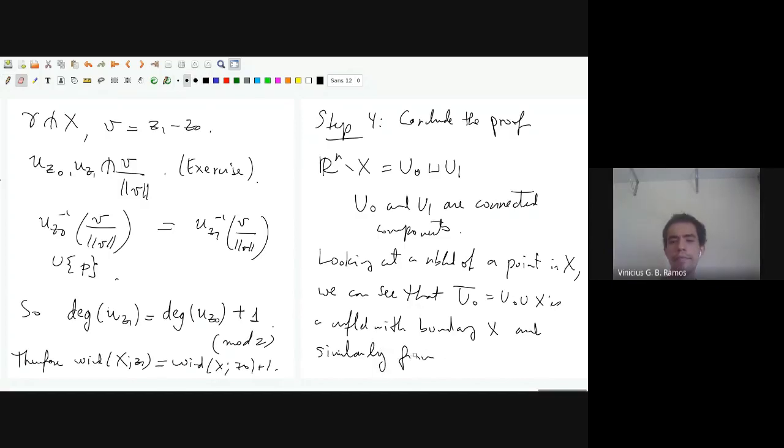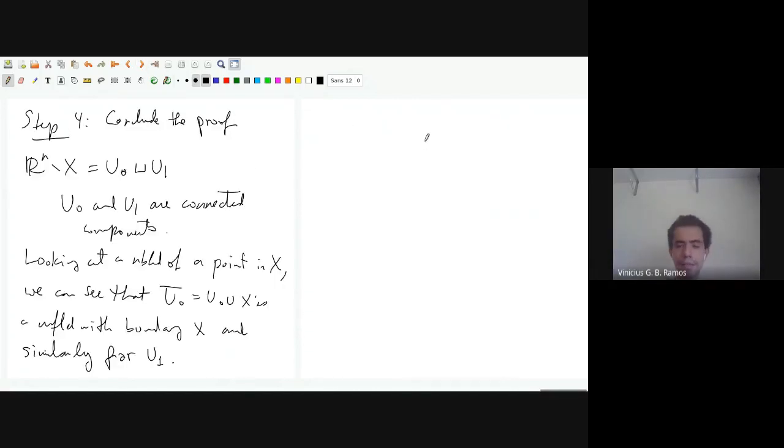Of course, this holds in higher dimensions too. I'm not very good at drawing, but if you draw some surface like this, it's going to have an inside and an outside, and both are manifolds with boundary given by the surface.